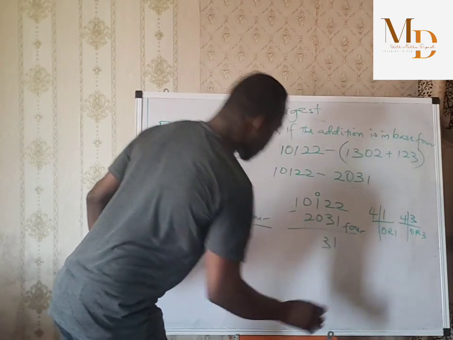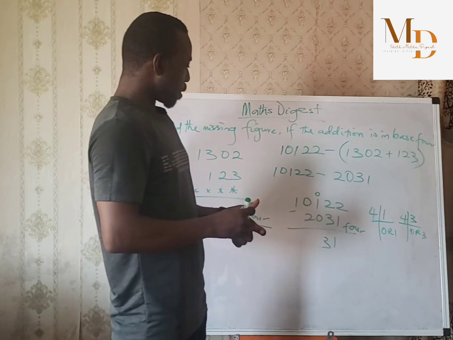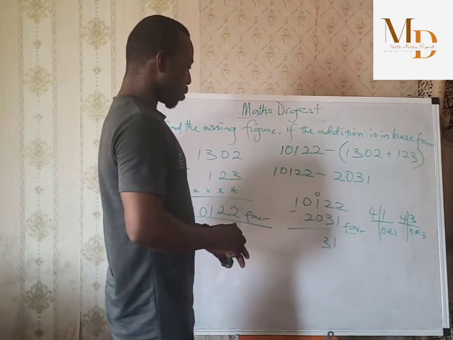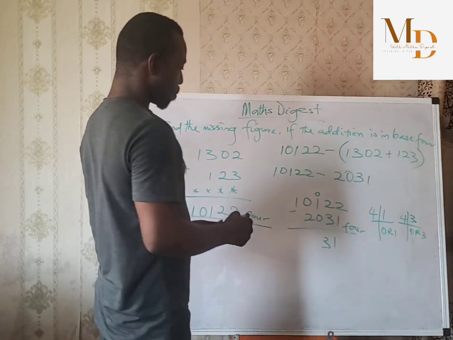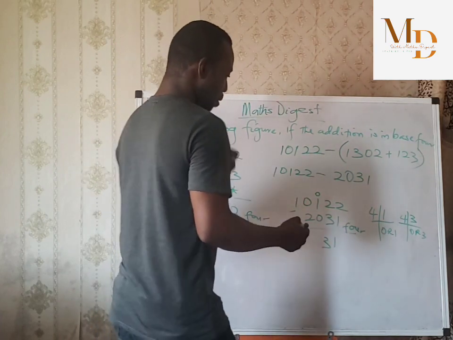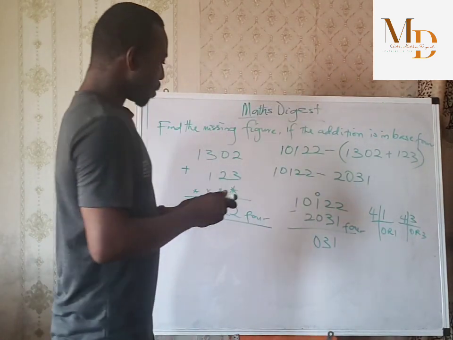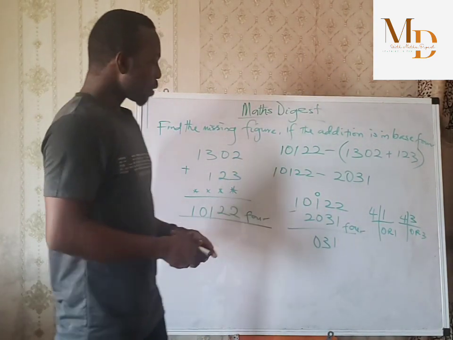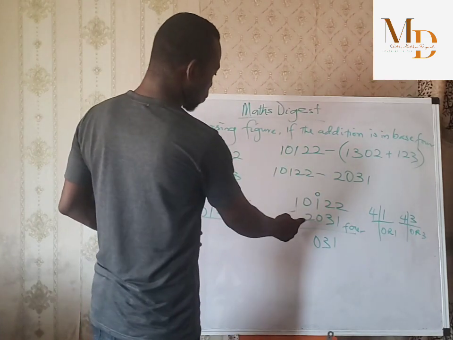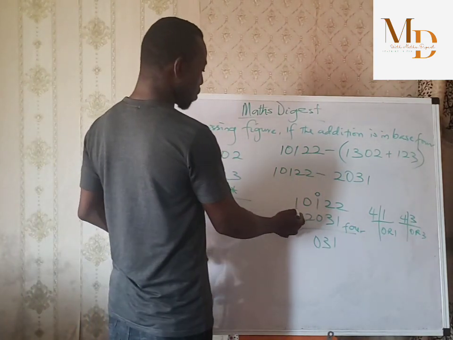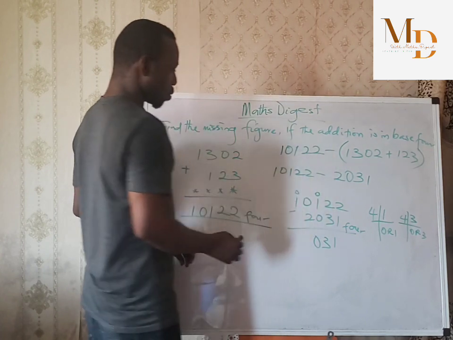Now if you remember, this is now 0. So 0 minus 0 is 0. Coming to this side now, 0 minus 2 is not possible, right? So you come here and pick this 1, and this now reduces to 0.